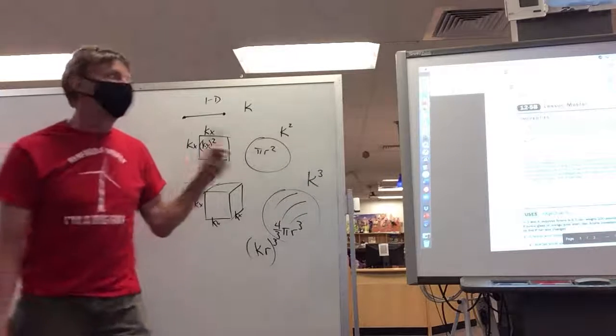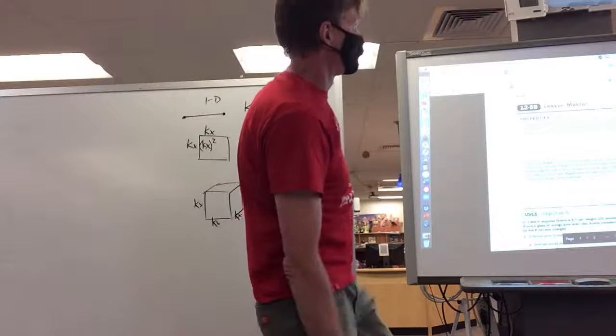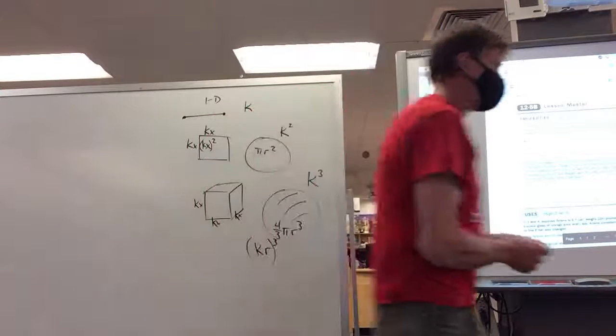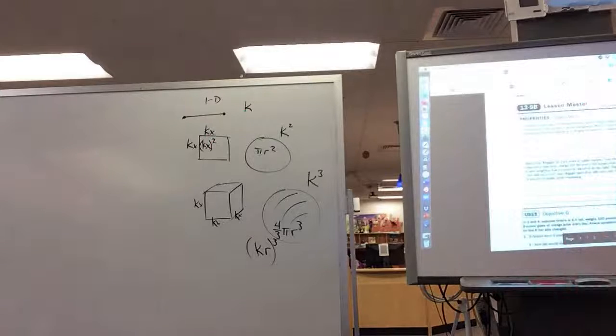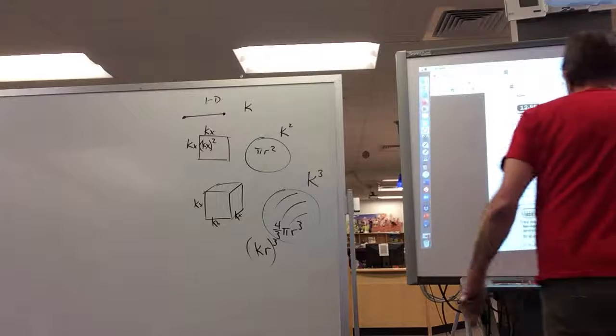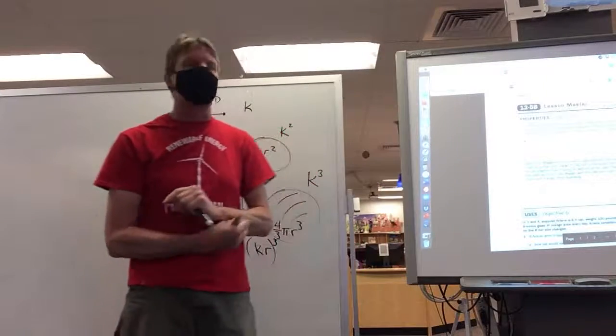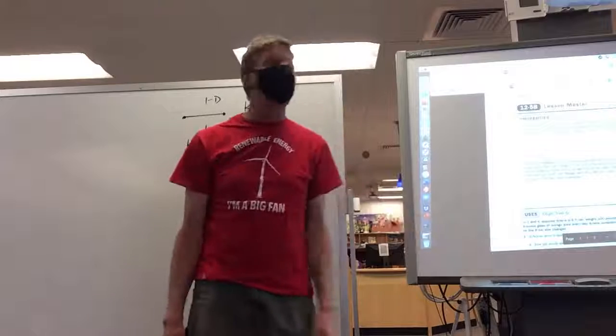So then question number 1 here is really important. Because what this does is it allows us to identify which k value we use for all of the different things in these problems.